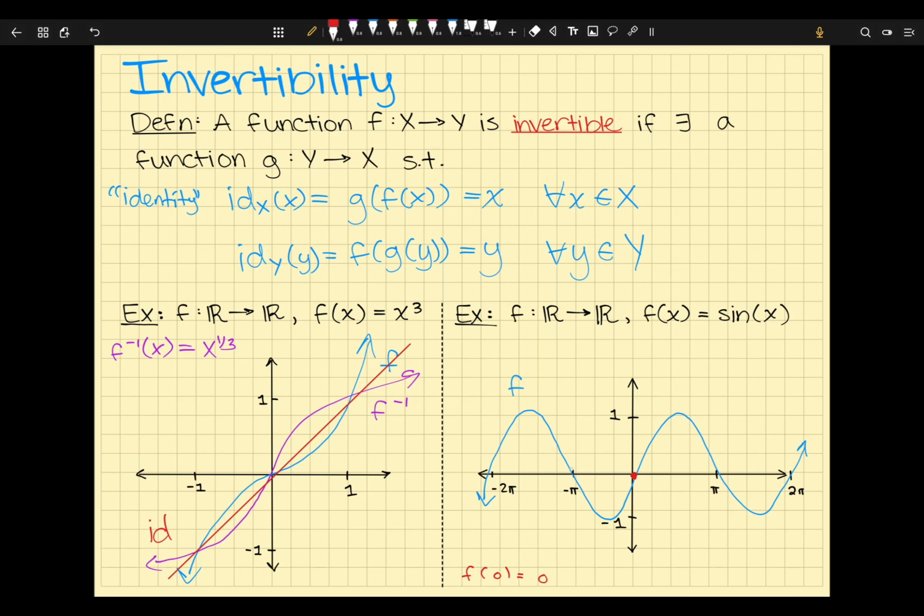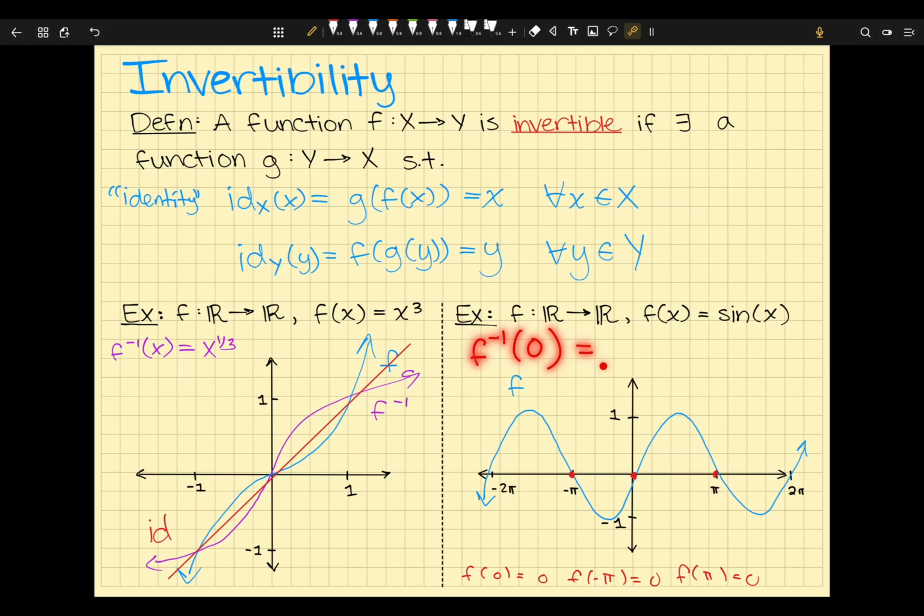But also f of -pi gets mapped to 0. f of pi also gets mapped to 0. And so on. And actually, there are infinitely many things that get mapped to 0. So then when we go to construct our inverse, we want to say f inverse of 0.